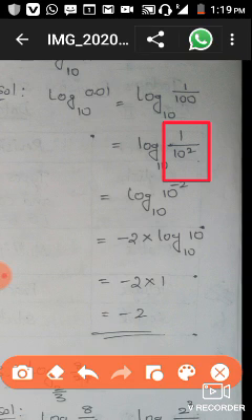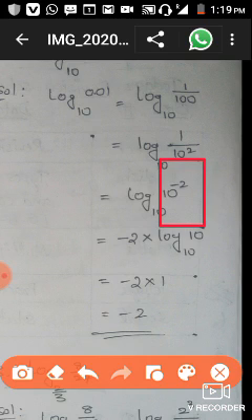And the next step, 1 by 10 to the power of 2 we can write as 10 to the power of minus 2. So again next, according to log a power m equals m into log a, here in 10 to the power of minus 2, that minus 2 is in the place of m, so minus 2 comes to the front.